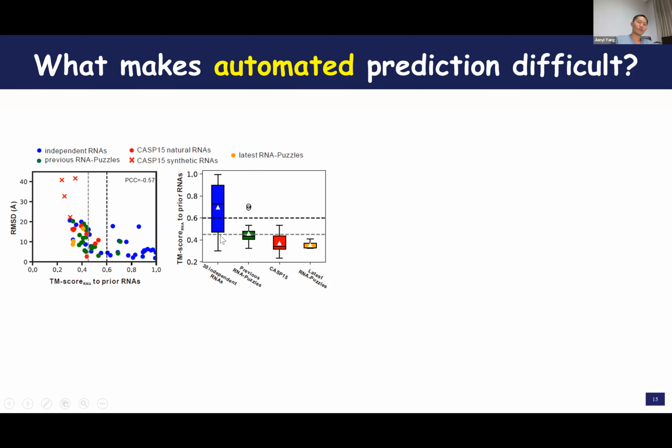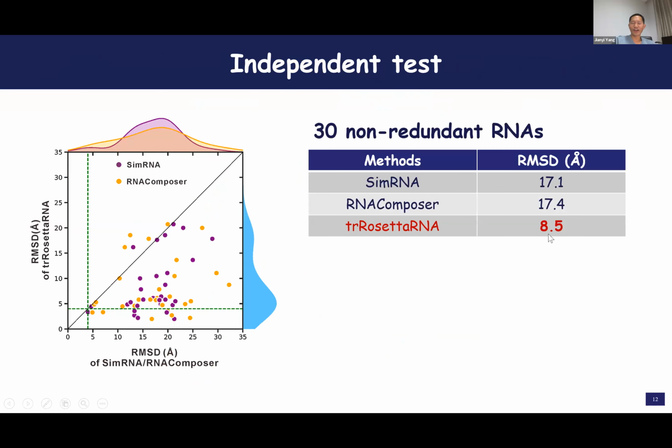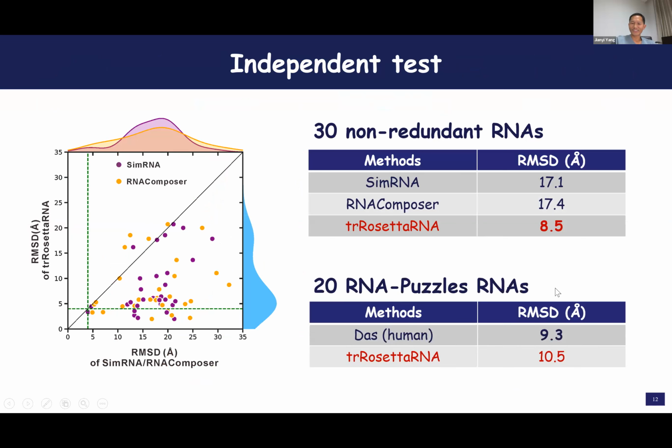And also, if you remember, for this data set, our RMSD is about 8.5 angstrom. But for this partial data set, it's about 10 angstrom. It means it becomes harder.